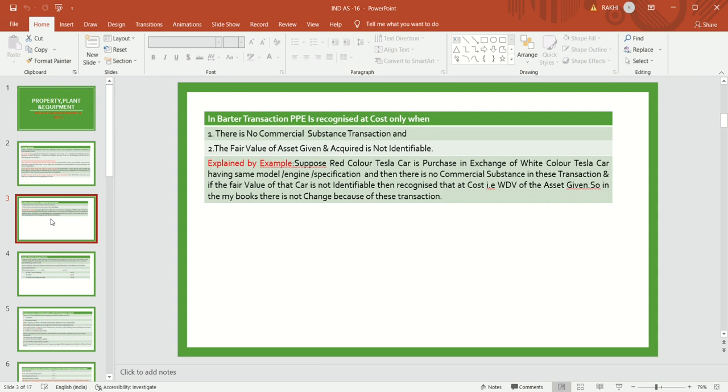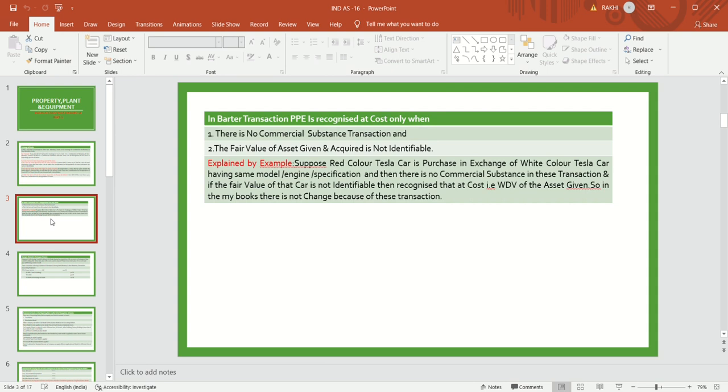This transaction does not have any commercial substance, because only the color of the car is different, all else is the same. And if the fair value of the car is not identifiable, then recognize that car at the WDV of the asset given.